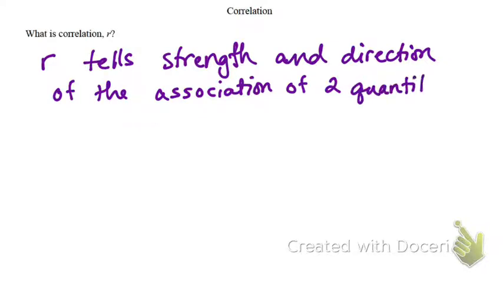Quantitative variables. Can I have a correlation for like hair color and anything else? No, we can't do that. Can't do that. Nope, can't do that. For two quantitative variables.